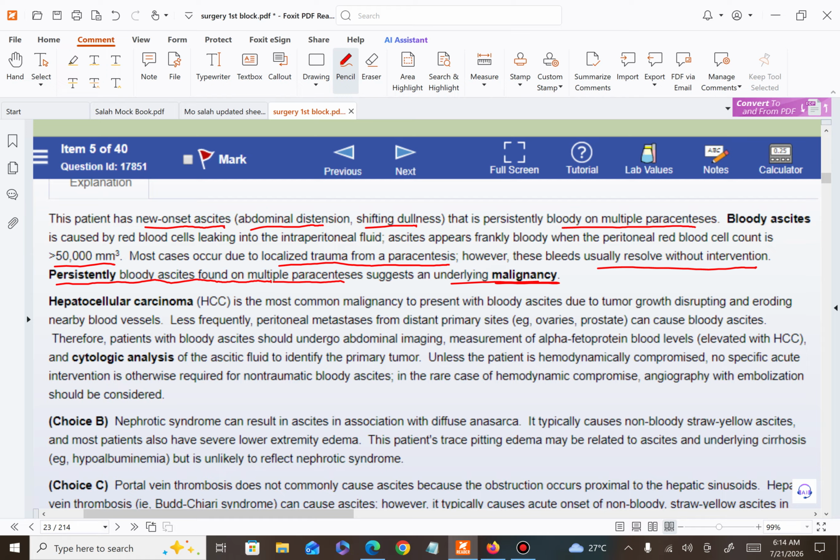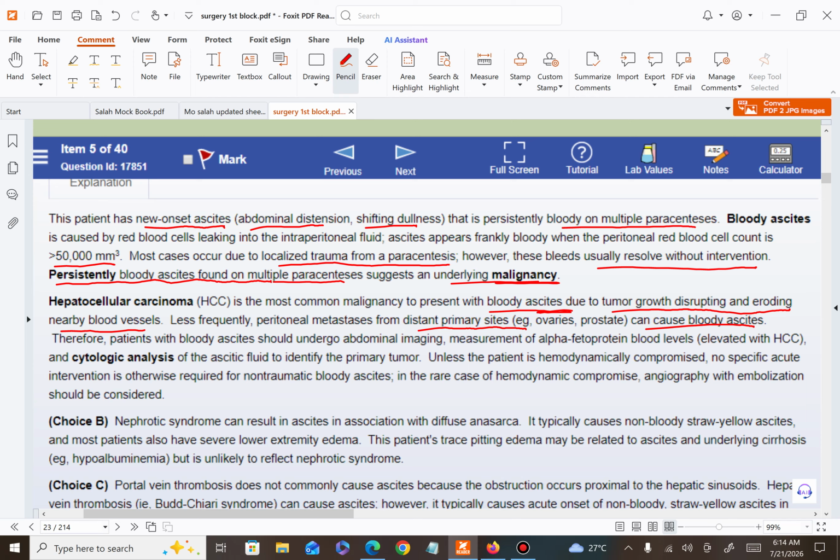Hepatocellular carcinoma is the most common malignancy to present with bloody ascites, due to tumor growth disrupting and eroding nearby blood vessels. Less frequently, peritoneal mets from distant primary sites can cause bloody ascites.